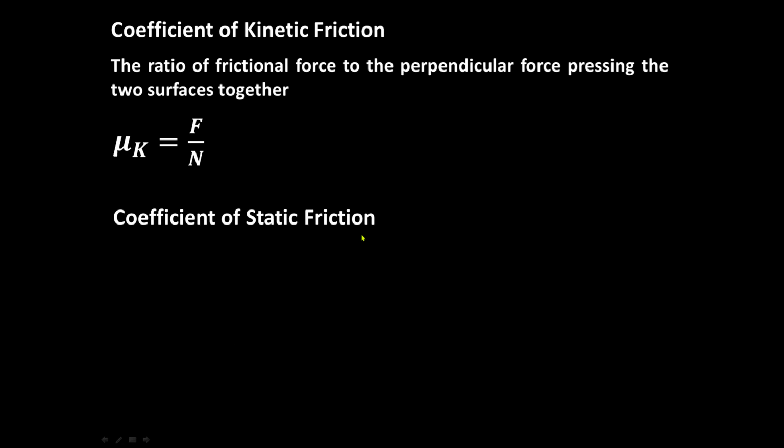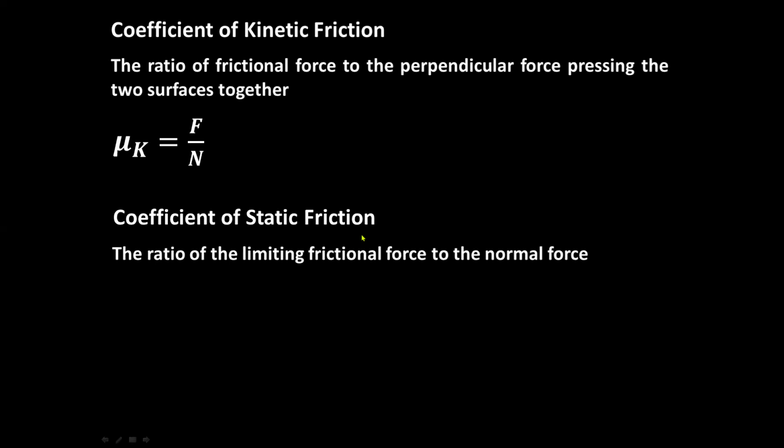How about the coefficient of static friction? The ratio of the limiting frictional force to the normal force. And for the formula, same lang. Frictional force over normal force. Nagbago lang yung symbol ng ating coefficient of friction. Nasa static lang siya.